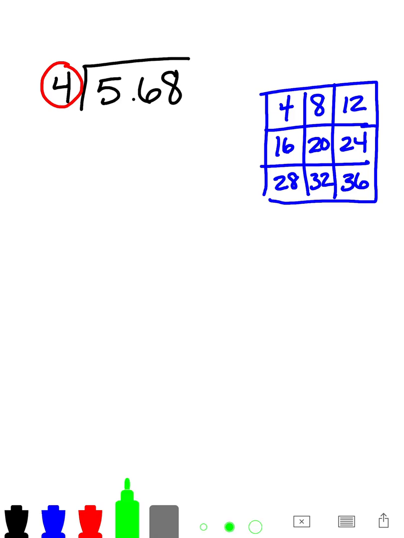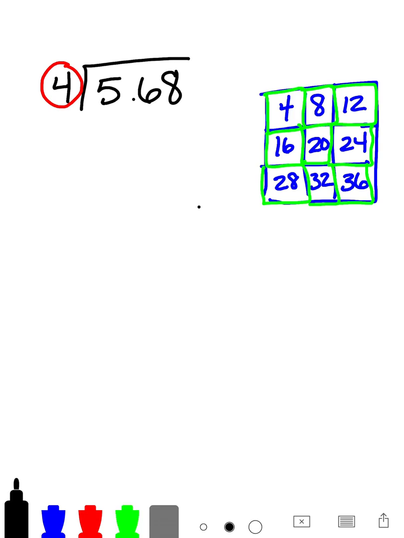So we have 4 times 1, which is 4, 4 times 2, which is 8, 4 times 3, which is 12, 4 times 4, which is 16, 4 times 5, which is 20, 4 times 6, which is 24, 4 times 7, which is 28, 4 times 8, which is 32, and 4 times 9, which is 36. Okay? We're going to refer back to this count by box throughout as we solve our problem.